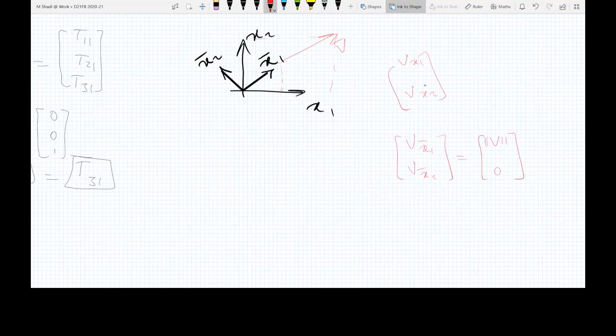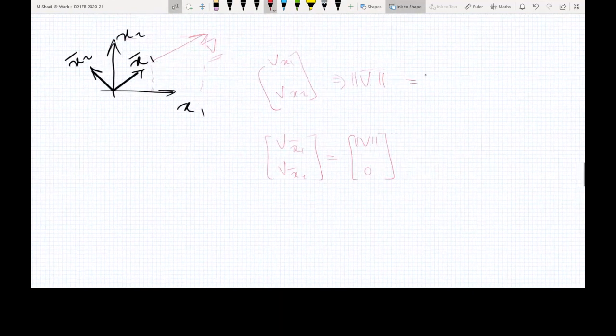Now the length of Vx1 and Vx2, or the length of V, the vector, I mean, how do you know that this is the same vector? If you calculate the length of this vector, you find the length of this vector is simply the square root of the sum of the squares. So it's going to be Vx1 squared added to Vx2 squared.